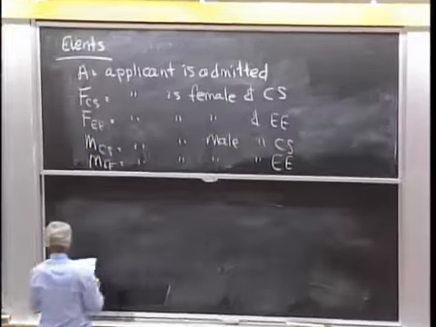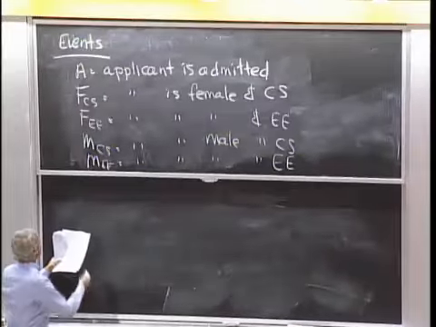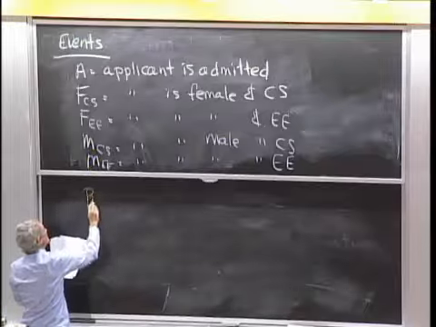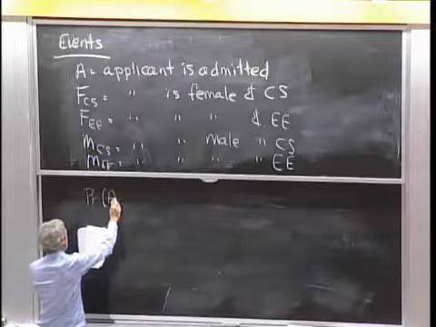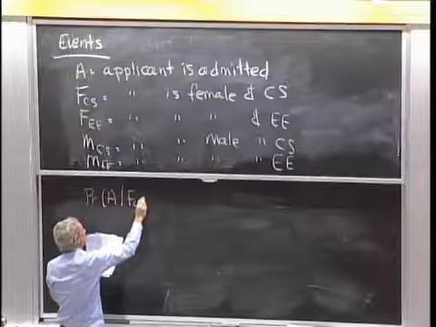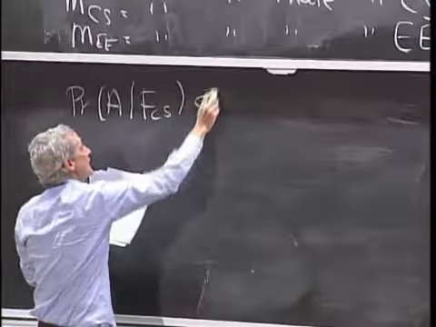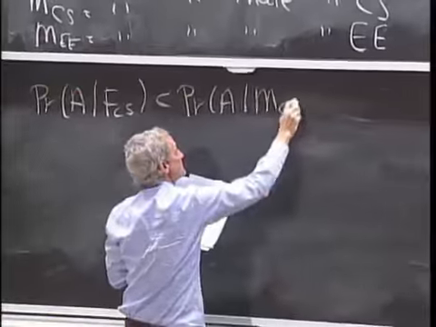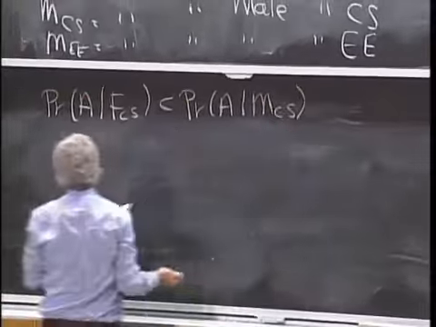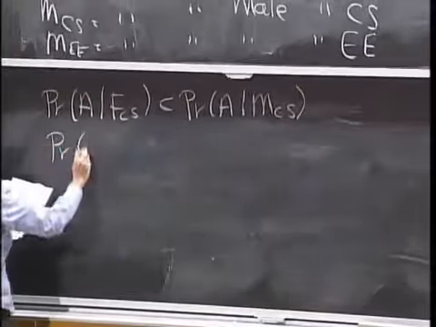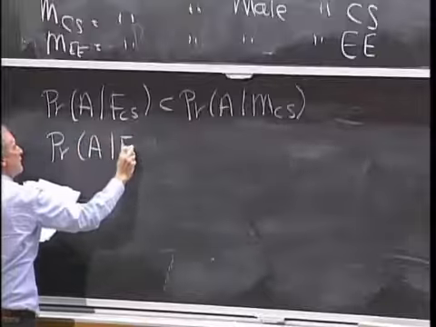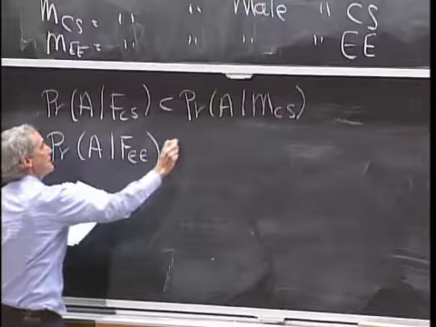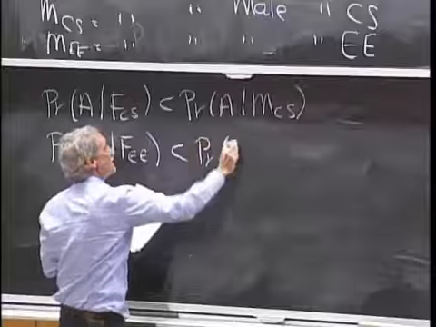So the female professor's argument effectively is the probability of being admitted, given that you're a female in CS, is less than the probability of being admitted, given that you're a male in CS. And same thing in EE. Probability of being admitted in EE, if you're a female, is less than if you're a male.